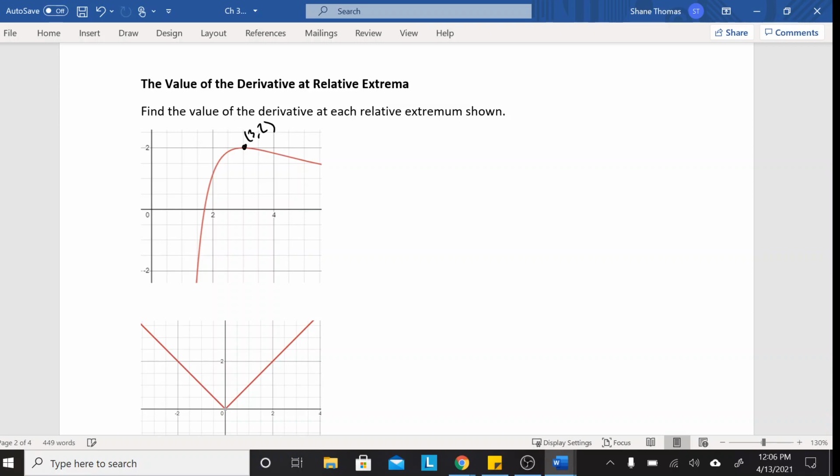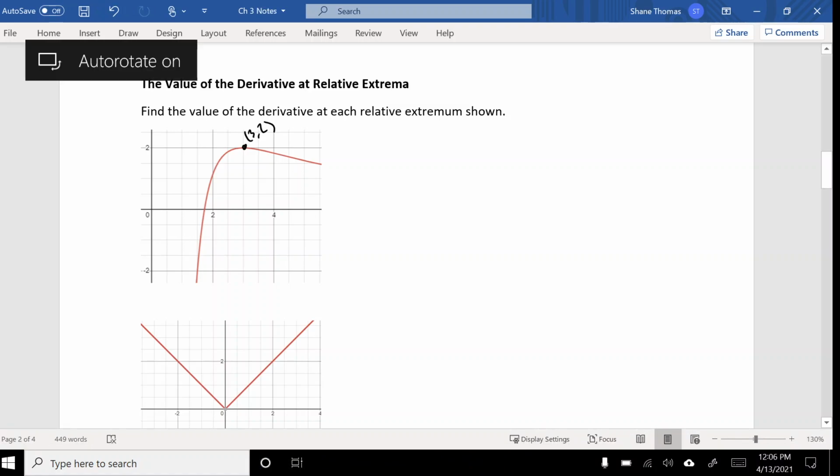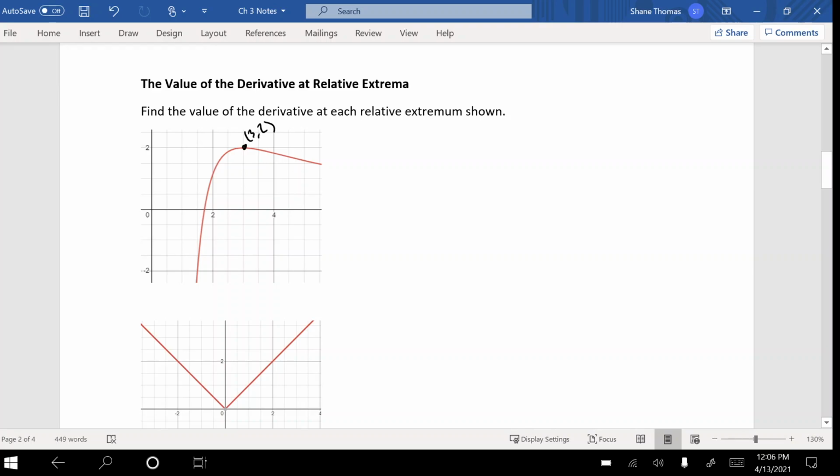That's my max. I want to find the value of the derivative at that max point. The function shown, I just zoomed in on a certain area of the graph. The function f of x is (9x squared minus 3) over x to the third.